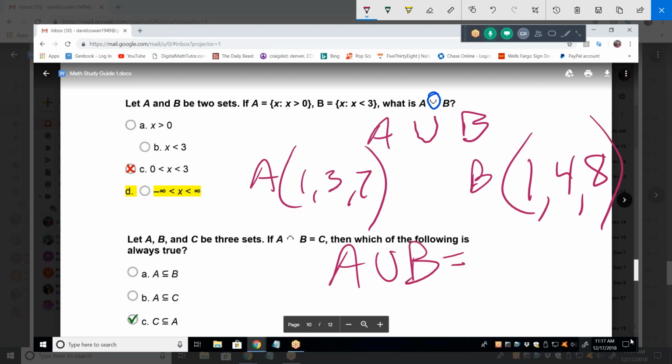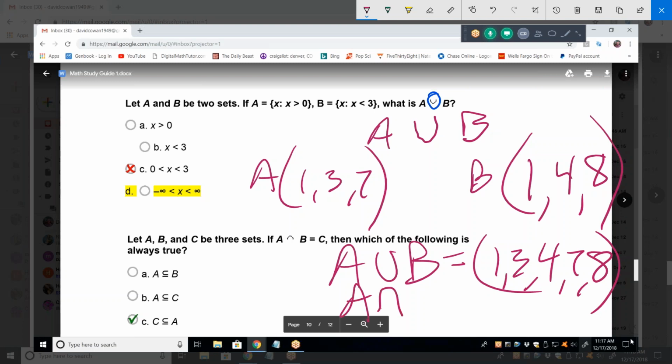What is in that set? 1, 3, 4, 7, and 8. Exactly. If I said A intersect with B, what would be in that set? Those are the numbers that are only in both sets.